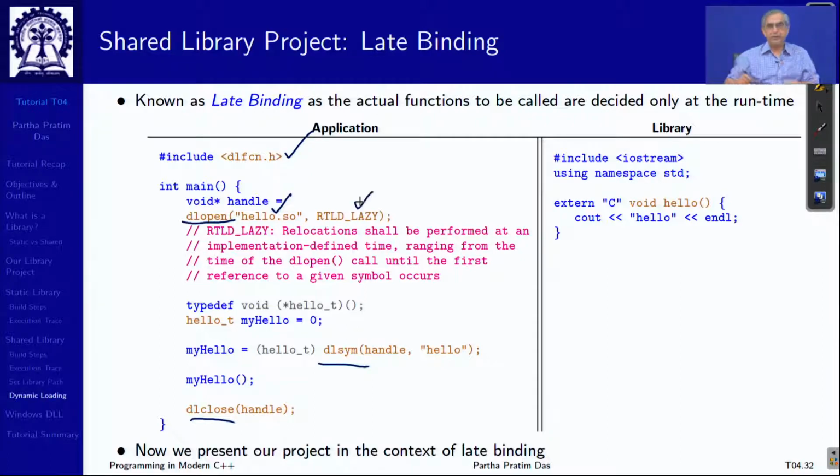This is a parameter to say how to load it. Do you load it immediately or do you load it when you need? So, RTLD_LAZY will be done at the implementation defined time. Then what you say is, having done this, you define a handle.